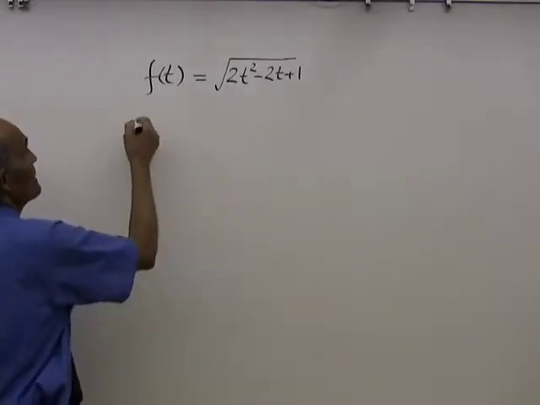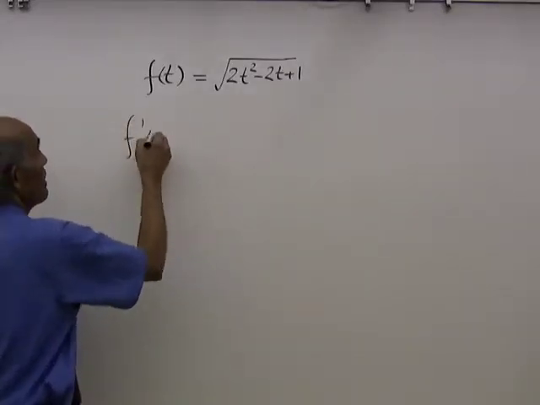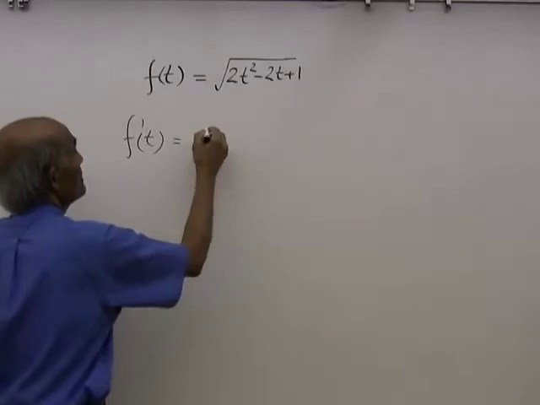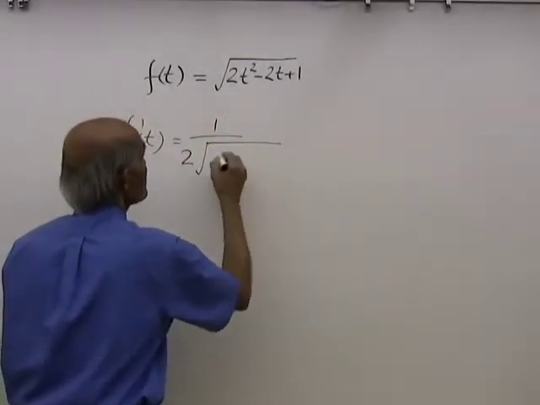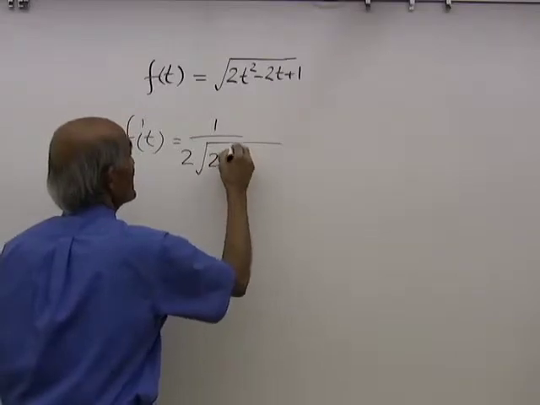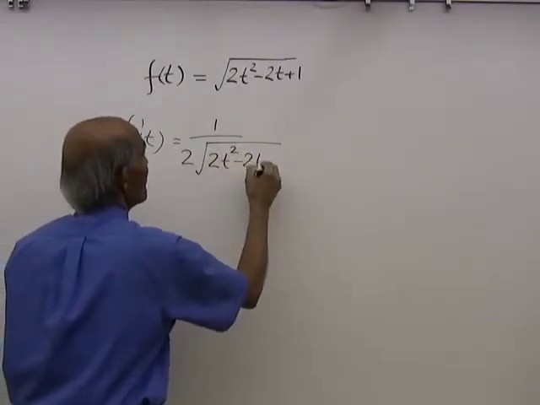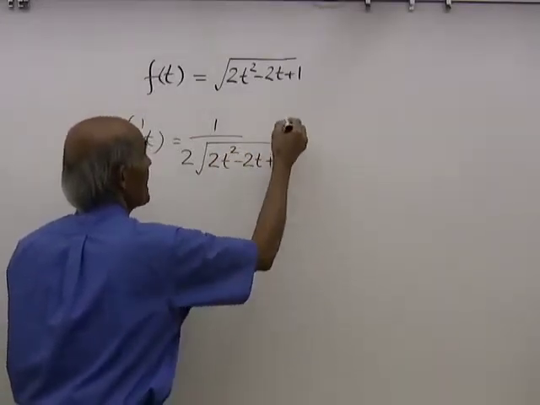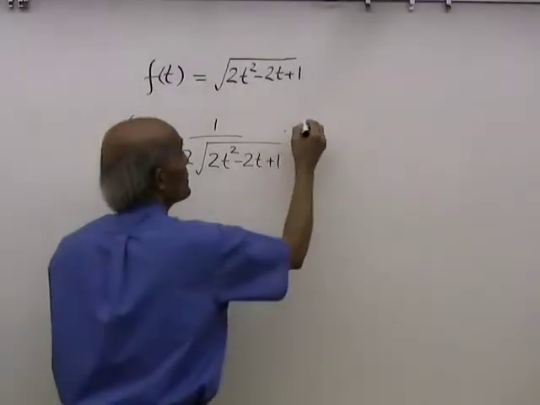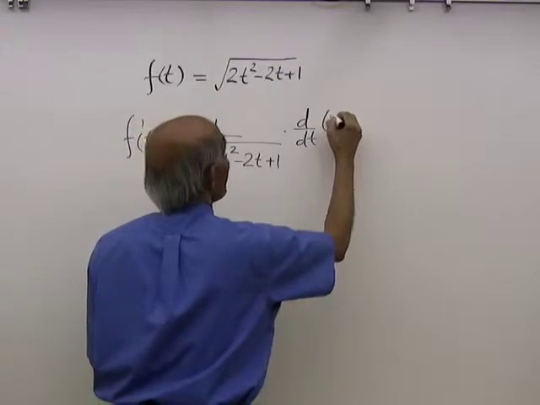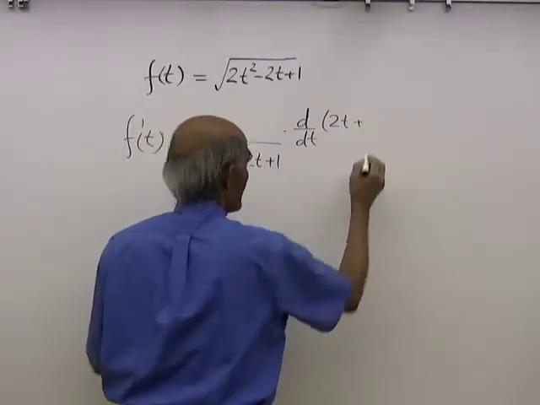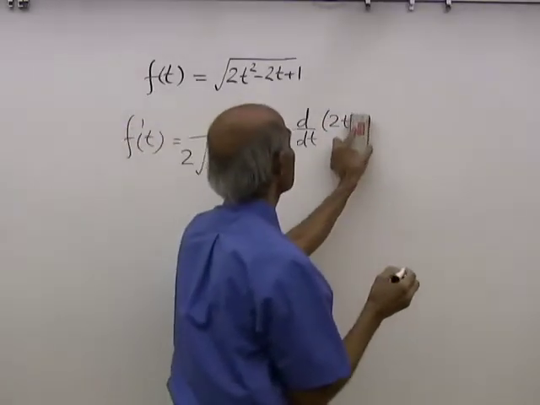So it will be f prime of t equal to 1 over 2 square root of that quantity, 2t squared minus 2t plus 1, times d by dt of 2t squared minus 2t plus 1.